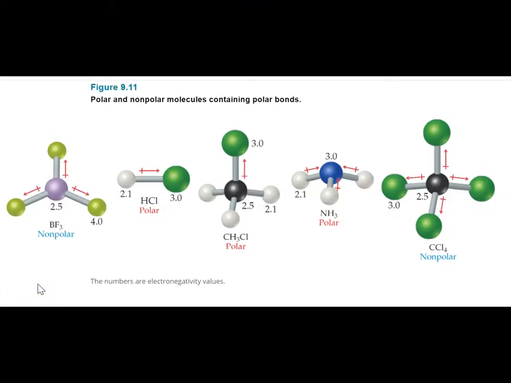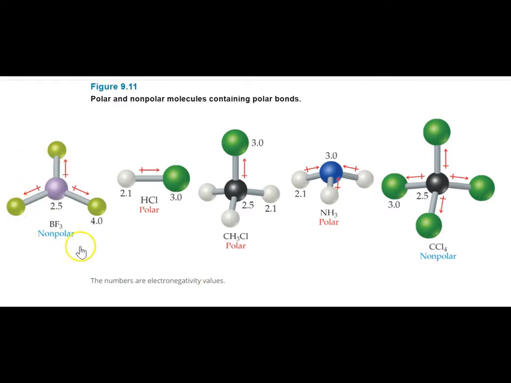So the last thing I want to show you again is another figure from our Pearson text on Mastering Chemistry. So all the way at the left, fluorine is more electronegative than boron. So we see that our vectors are pointing towards fluorine. These numbers are my electronegativity values. But again, think about what this would look like if you were to add your vectors.